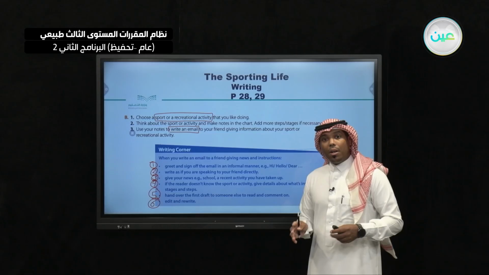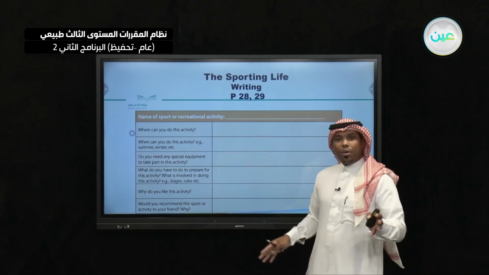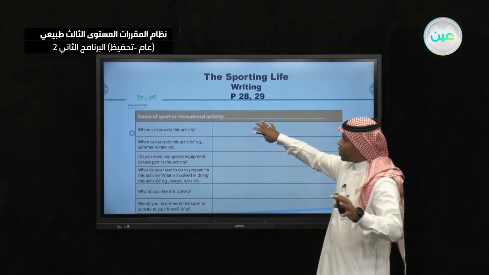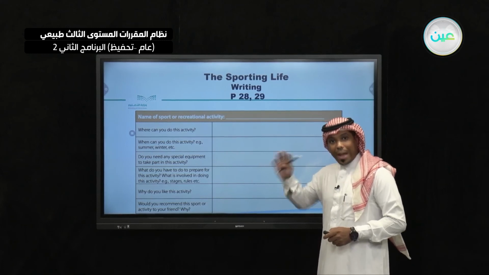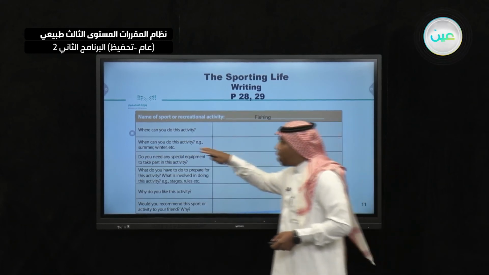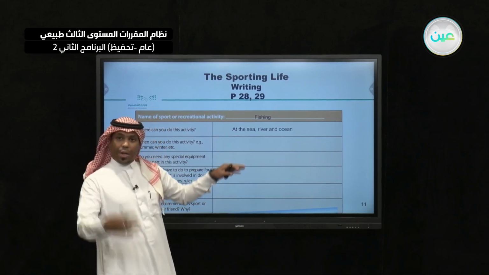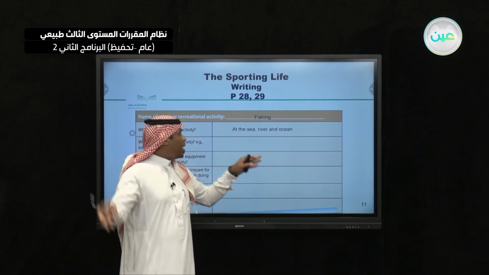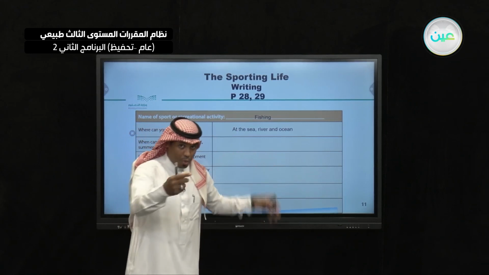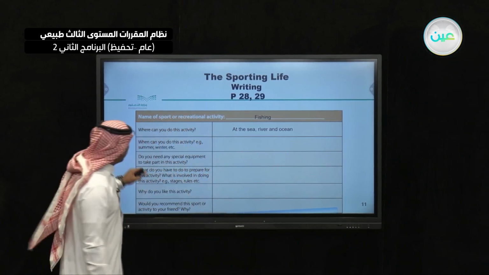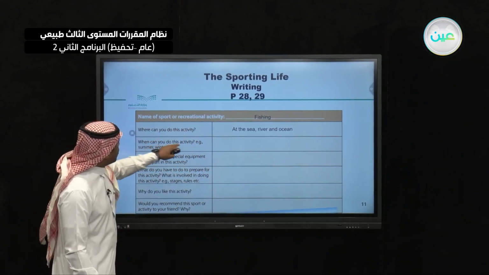Now let's give you a very quick example. I used fishing, the activity fishing. And where can you do this activity? Actually, you could do it at sea, a river, or even oceans, when you like to fish. Very good. When can you do this?